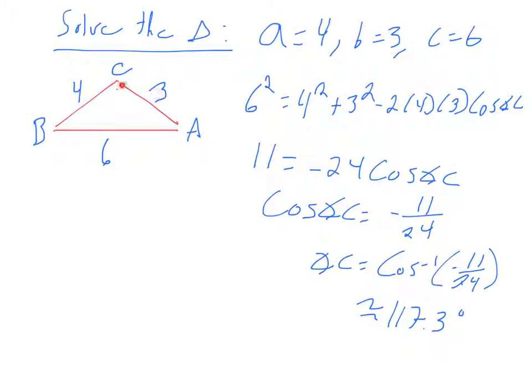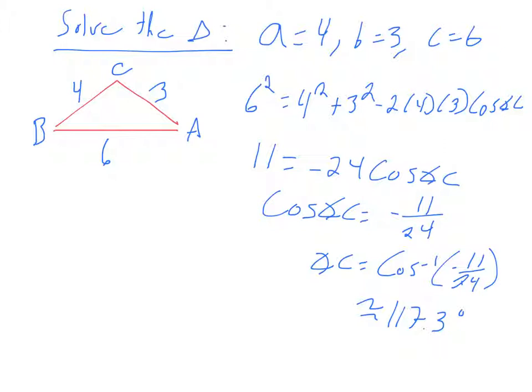So we have to be careful to make sure that there's only one triangle, and we want to pick sides that make that happen. This is the side across from the angle in this side-side-angle situation, and this side is longer than this side, so there's only one possible triangle that we can end up with. Make sure that you don't have an ambiguous case where there are 2 possible triangles you could get.